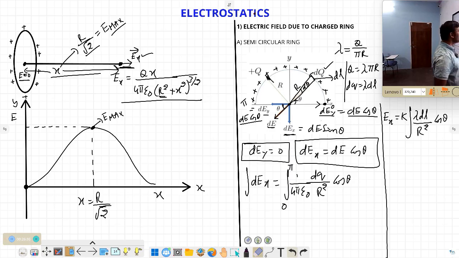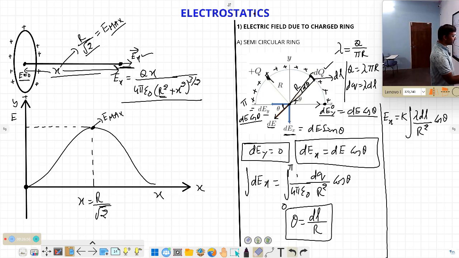Now what is dl? According to the concept of radius, this dl acts like an arc. Theta is equal to arc by radius, that is dl by radius. So dl is R into d theta.